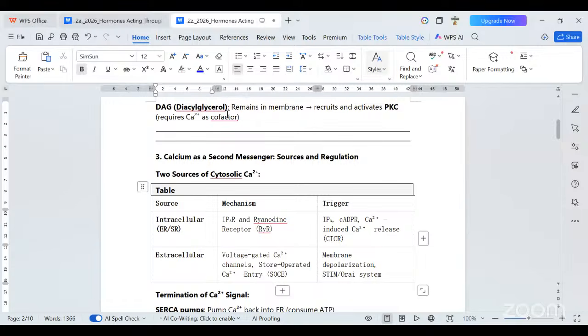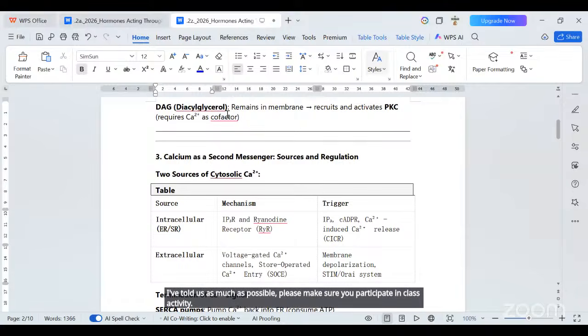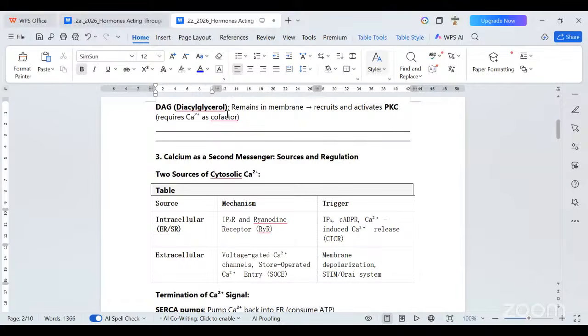I've told us as much as possible, please make sure you participate in class activity, so that it's a way of making sure. Okay, so there are also protein channels that pass calcium.